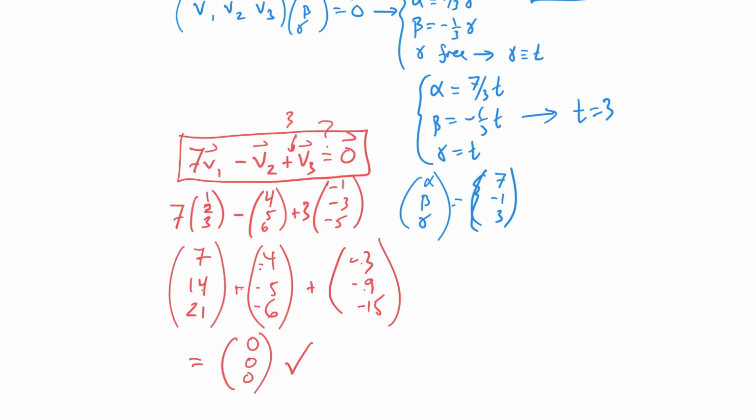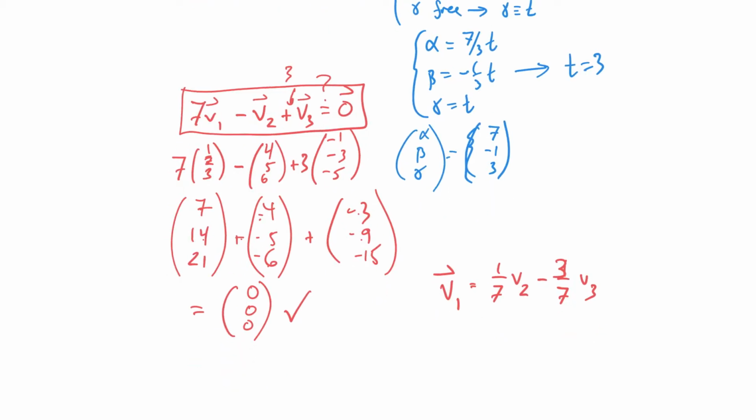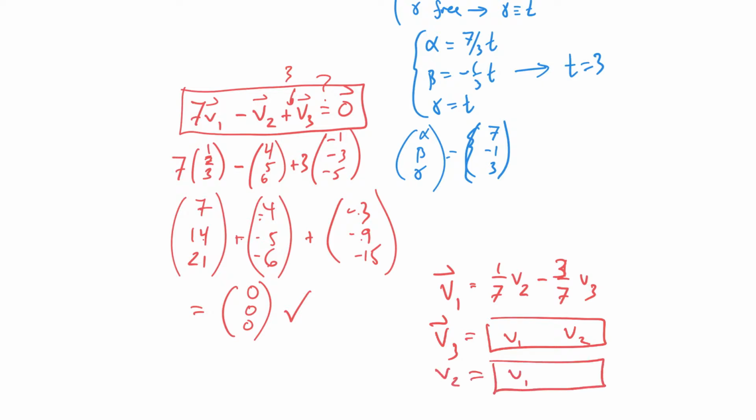So I want a dependence relation. What I could say is, for instance, v1 equals 1/7 of v2 minus 3/7 of v3. Or I could have said, for instance, v3 equals some linear combination of v1 and v2. Or I could have said v2 is some linear combination of v1 and v3.